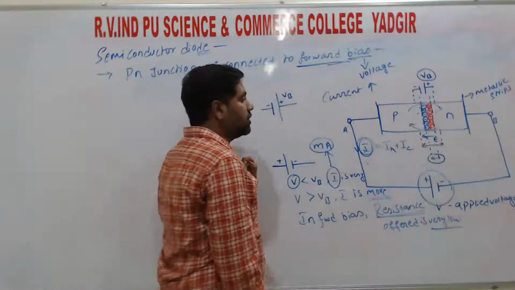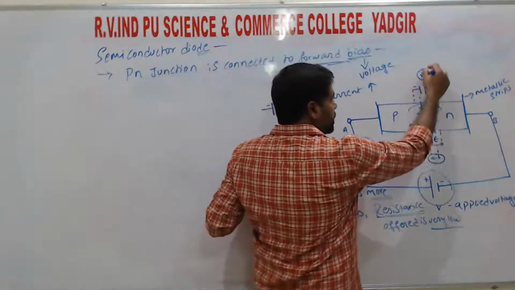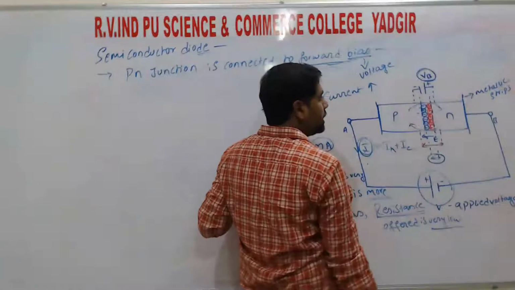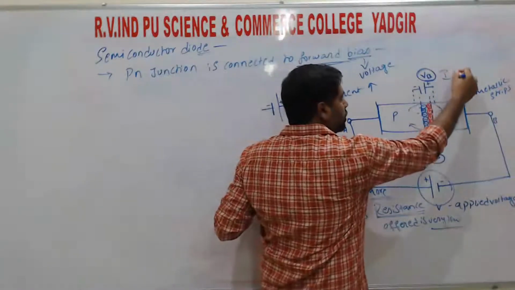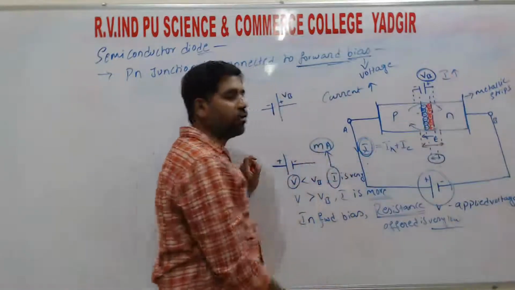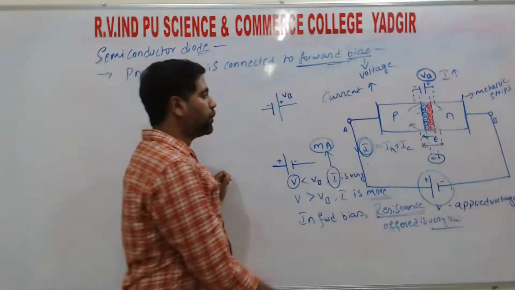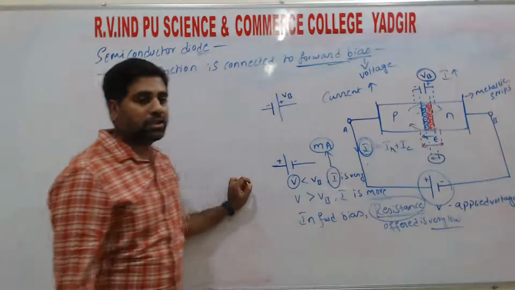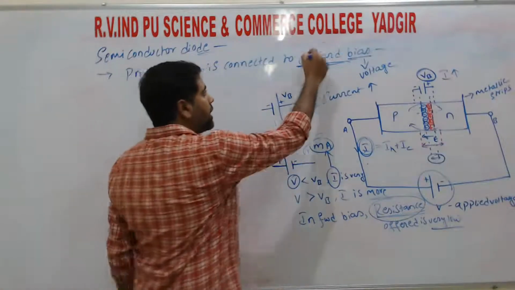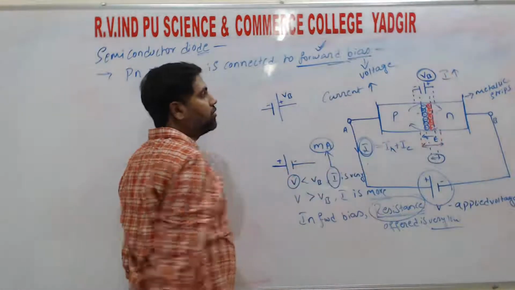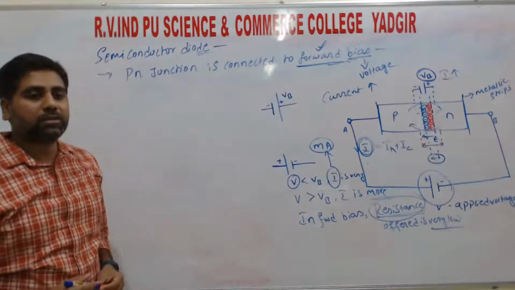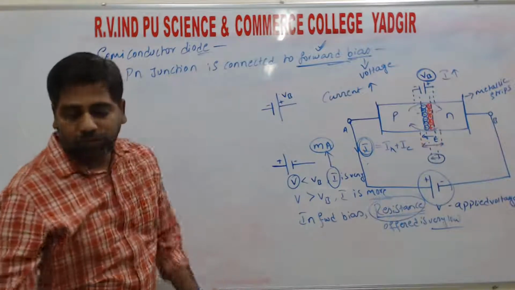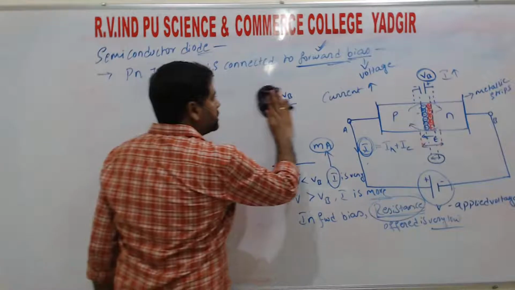So the barrier potential goes on decreasing and the current goes on increasing, right? As current increases, we call this PN junction a low resistance PN junction. This is what happens when it is connected to forward bias, right? So now let's go over the points.